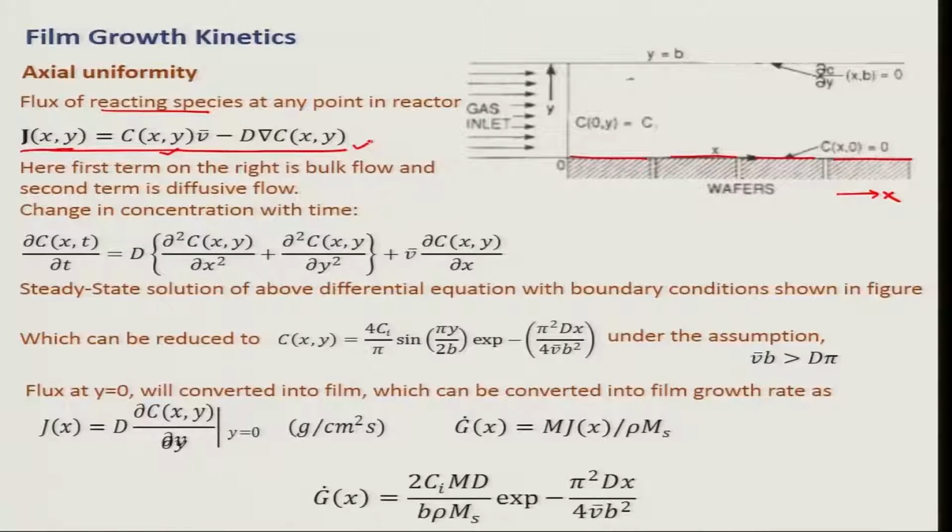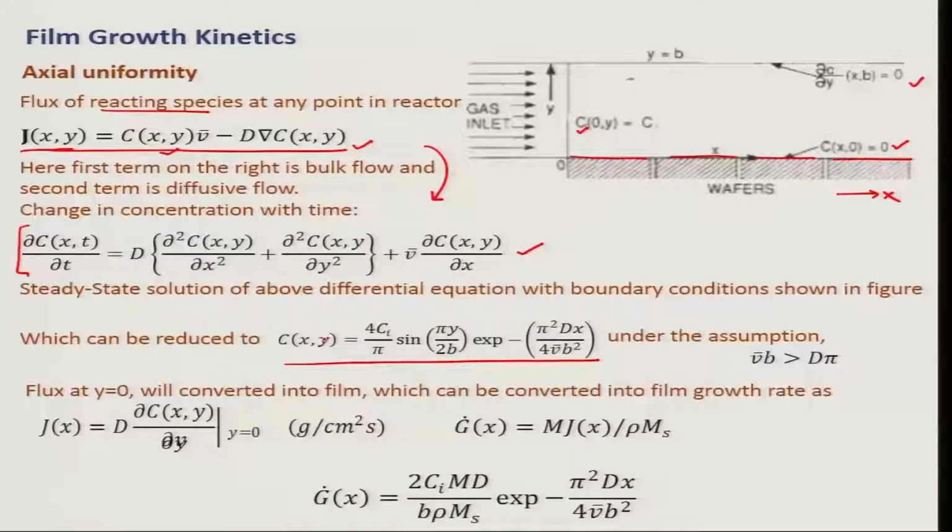Now, we can use these expressions and Fick's second law to get how the concentration is changing with time at different locations inside this reactor. We can solve this equation with these boundary conditions to get the distribution at any given time with x and y, and this is a steady state.